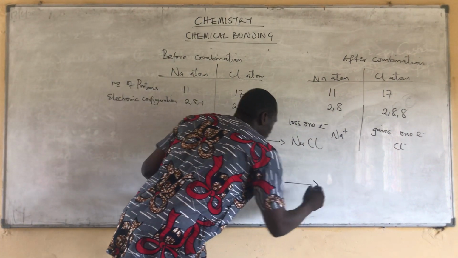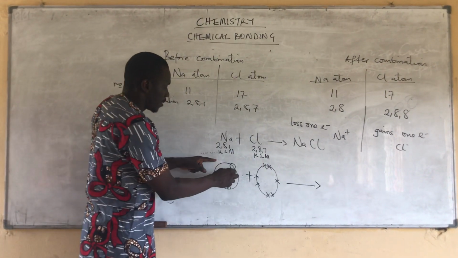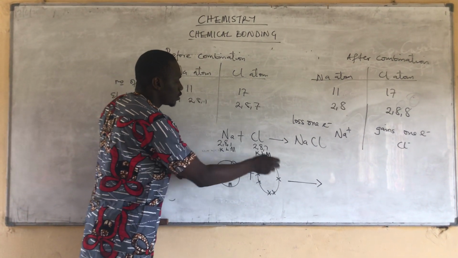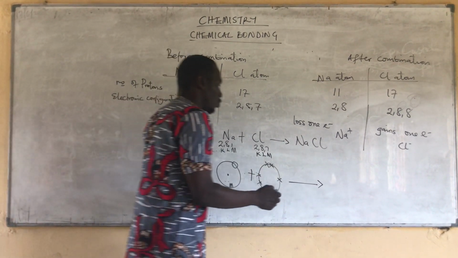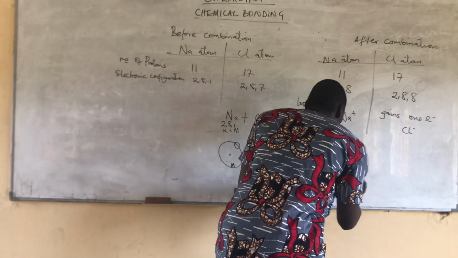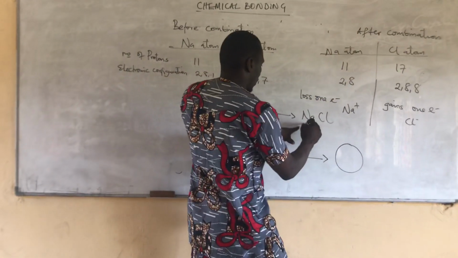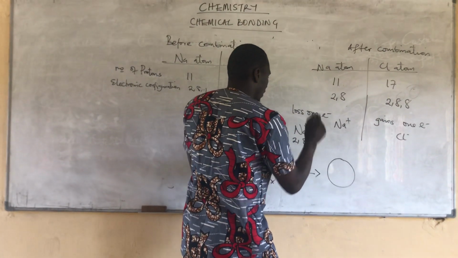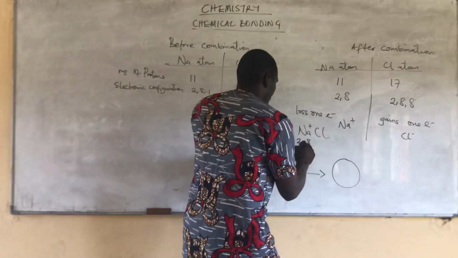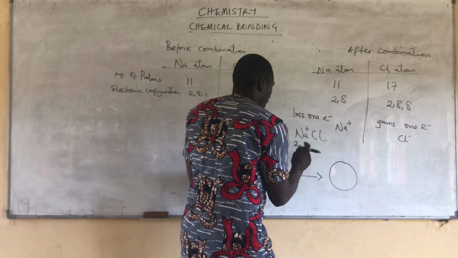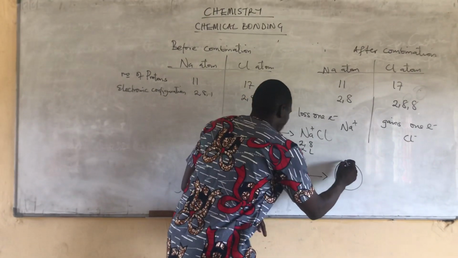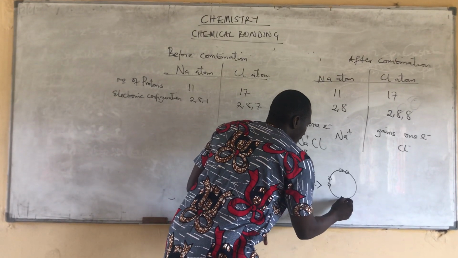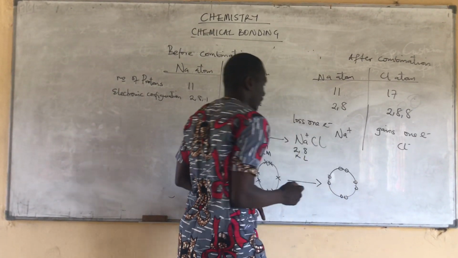After combining, sodium will transfer this outermost electron to chlorine to give a result of 2,8. So shell K and L: 1, 2, 3, 4, 5, 6, 7, and 8.